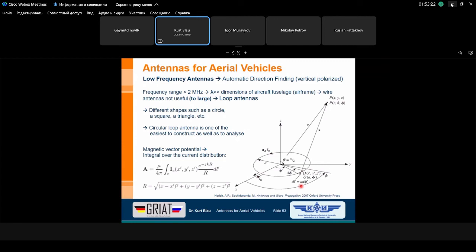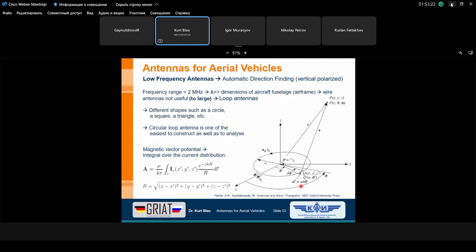Okay, now we apply the magnetic vector potential to this behavior, to the current elements. We also have to look at the product of this current element multiplied by the length.